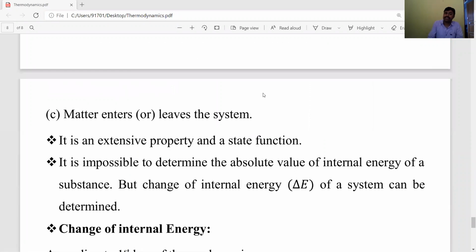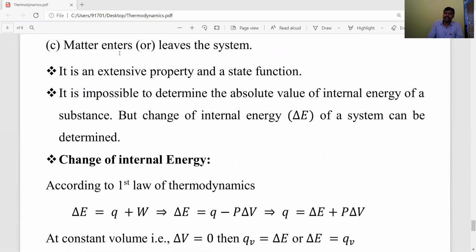Next, internal energy is an extensive property, and it is also a state function.